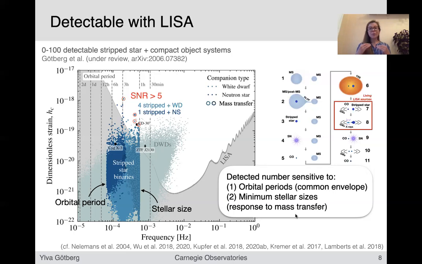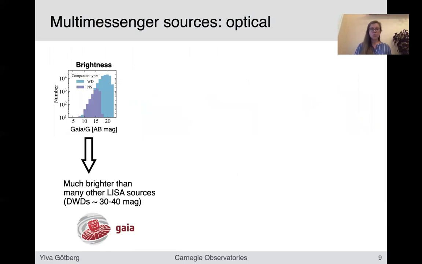So with LISA, there will be a nice constraint for these processes, especially since LISA is not limited by extinction, and these sources are likely located in the middle of the galactic disk, where the extinction is high.